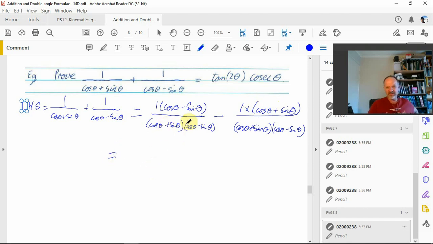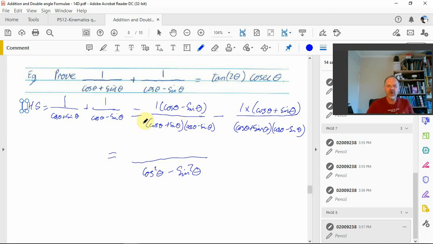Now, when you expand these brackets, you can do it cos squared minus cos sine plus sine cos minus sine squared. So you end up with cos squared theta minus sine squared theta.